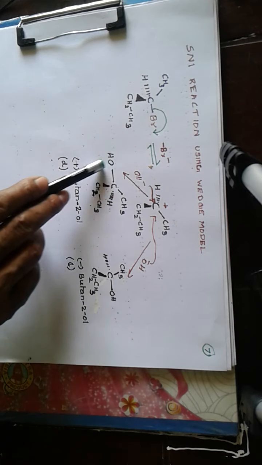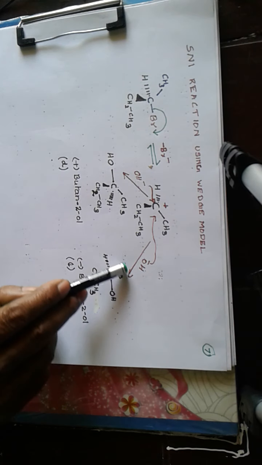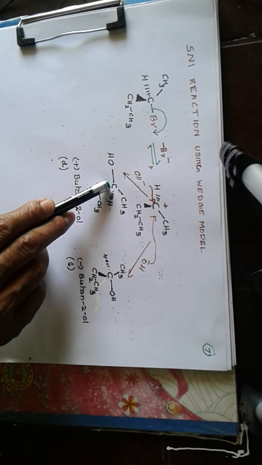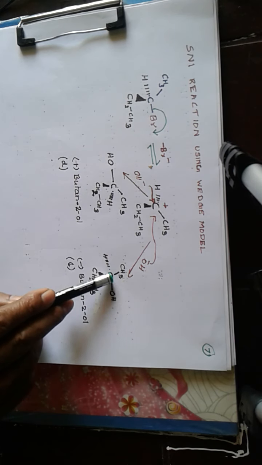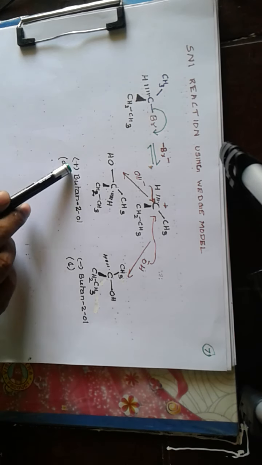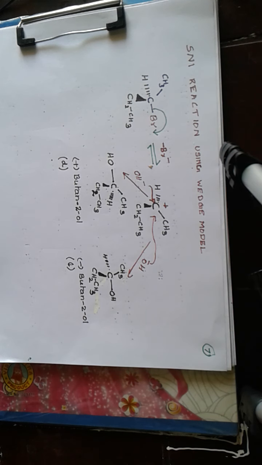Suppose you have 50 molecules of this one and 51 molecules of this one, then 50 molecules of this isomer will cancel the rotation of 50 molecules of this isomer, then one isomer remaining, so that there is a net rotation in the negative direction, levo rotation. Suppose this is in excess, then the mixture will show positive rotation.